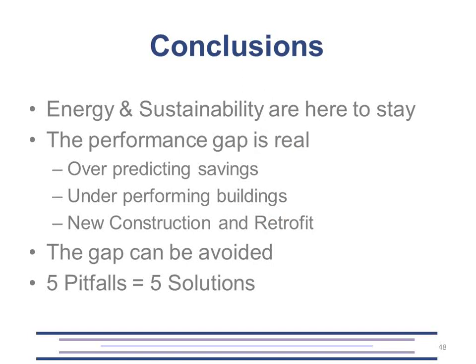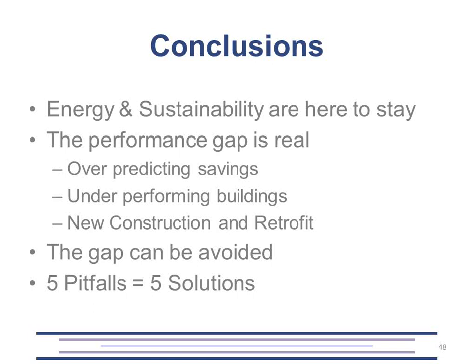During this presentation, we've discussed how energy and sustainability is not going away. And we can all recognize that there are often issues causing gaps and disconnects between the predicted or modeled energy savings and the actual reality of building performance. The gap can be caused by over-predicting the savings or by underperforming buildings.